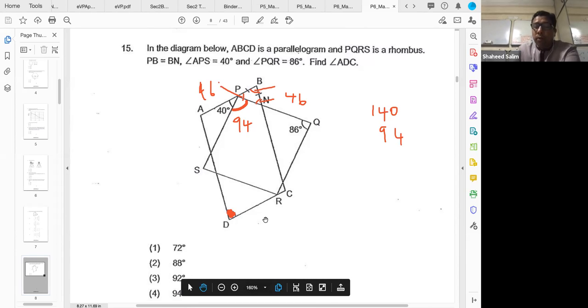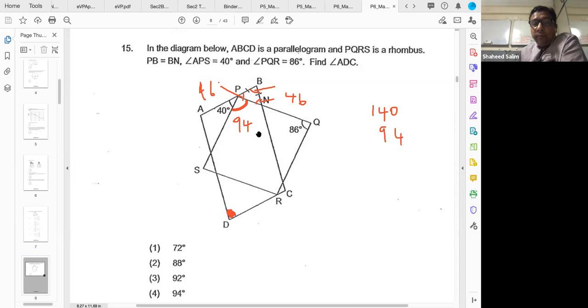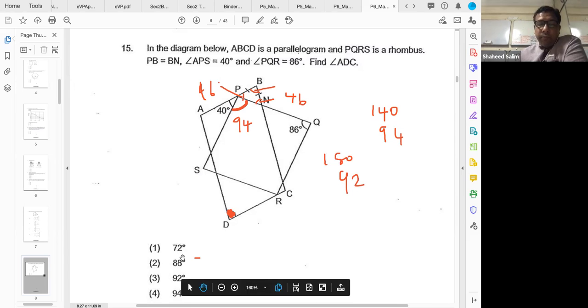Okay. Hold on. Where's my calculation error? Hold on. 94 is correct, right? 46 plus 46, you add together, you get 92. Then 180 minus 92, lah, you get 88. Okay.